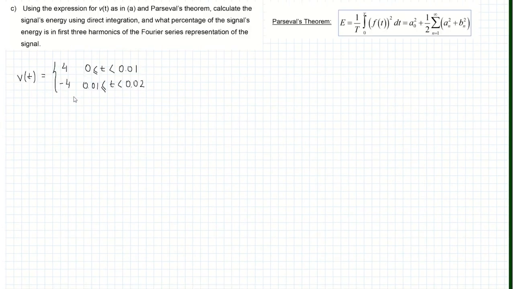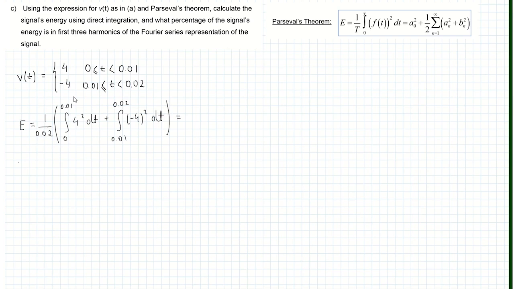We use the expression for v of t and Parseval's theorem to calculate signal energy using direct integration. P is equal to 1 over the period, in our case 0.02, times the integral. Now, because our function is piecewise, we will split our integral into two. So from 0 to half of the period, which is 0.01, 4 squared dt, plus the integral from 0.01 to 0.02 of minus 4 squared dt.